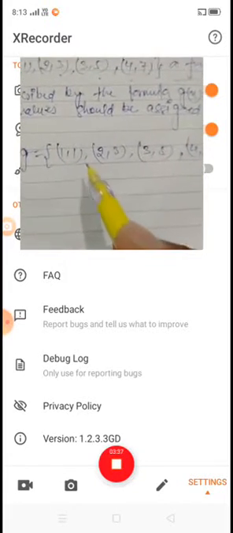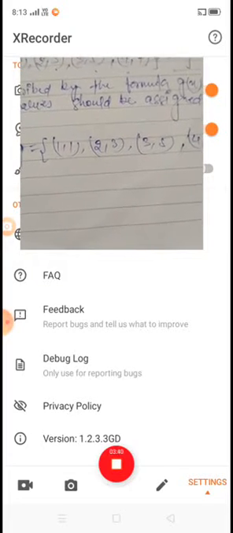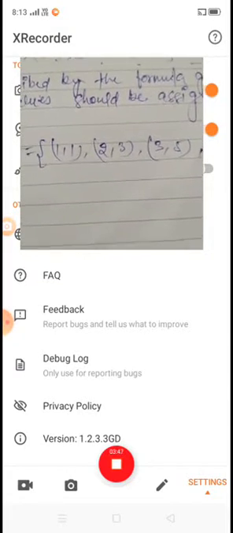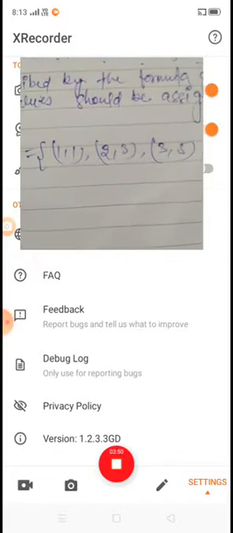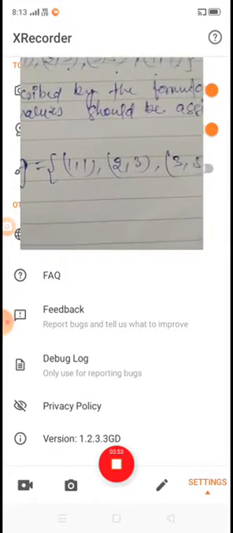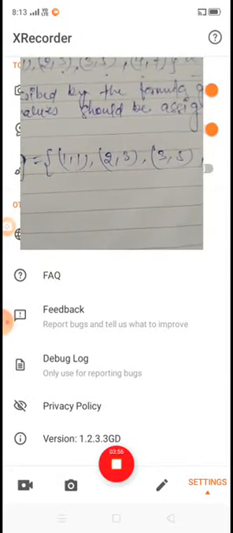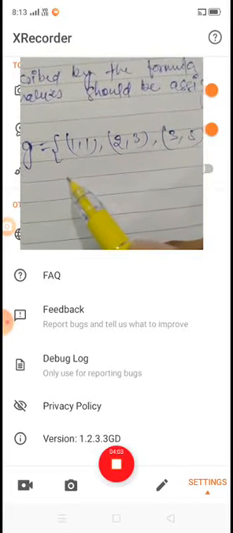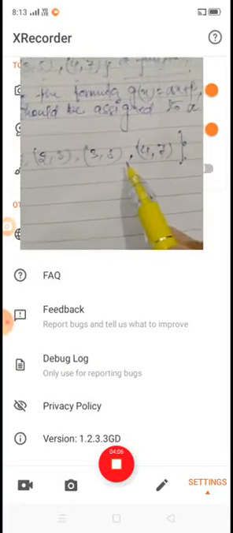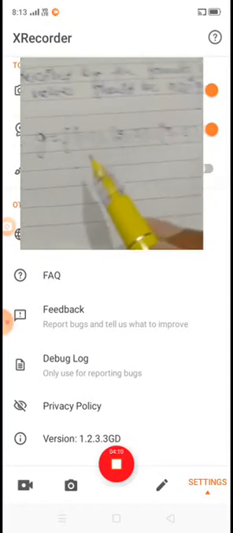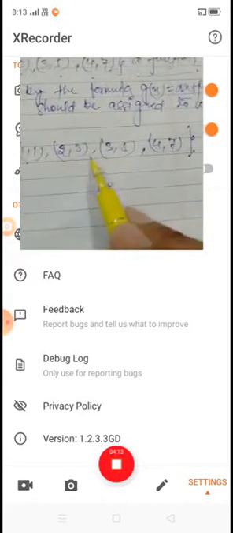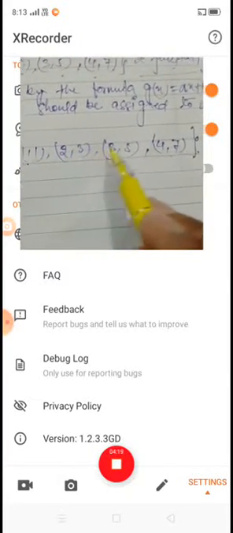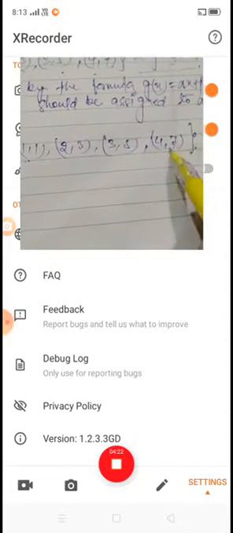First of all, for the definition of functions: a relation from A to B, no two ordered pairs have the same first element, and all the first elements are associated to an element in B. In this function g, we observe that no two ordered pairs have the same first component, and all first components are associated to different elements.